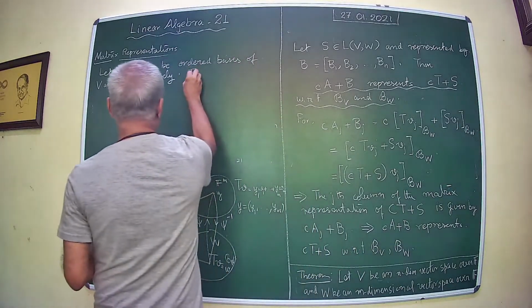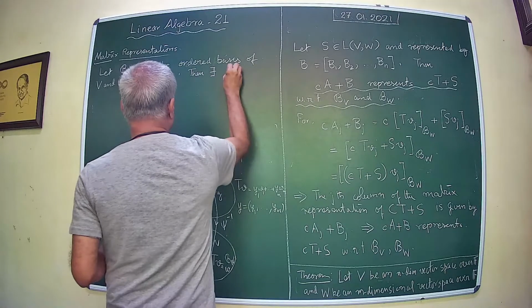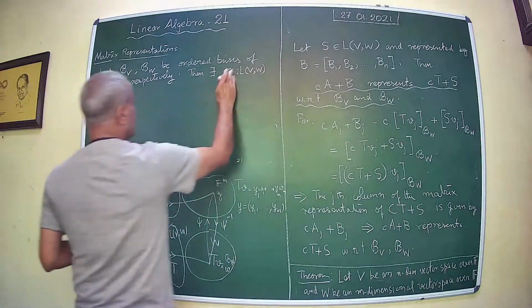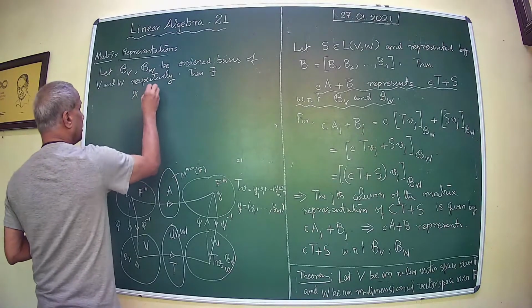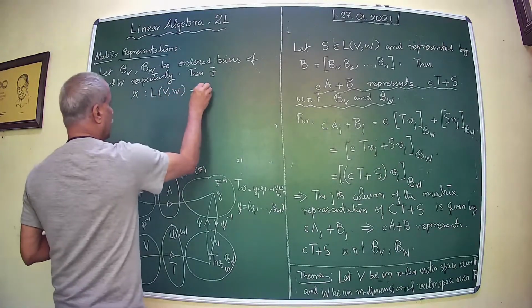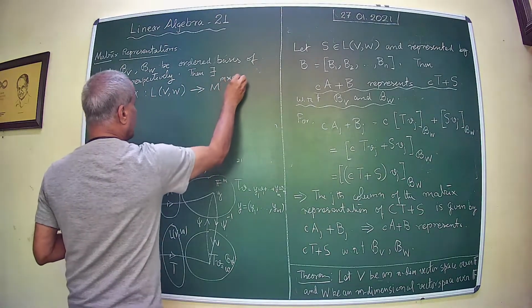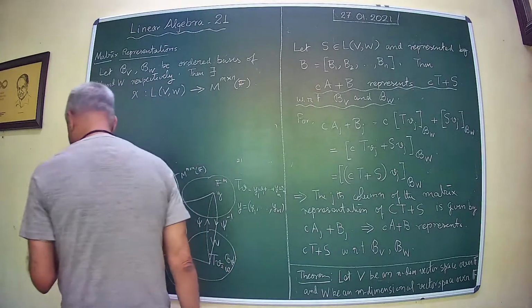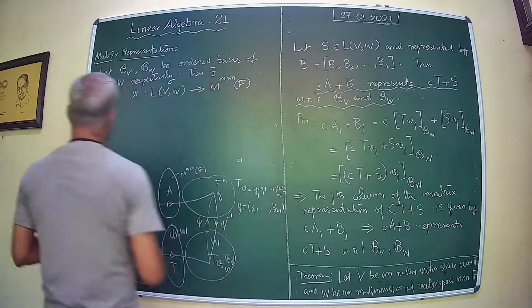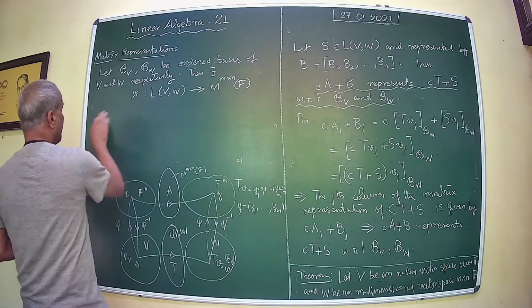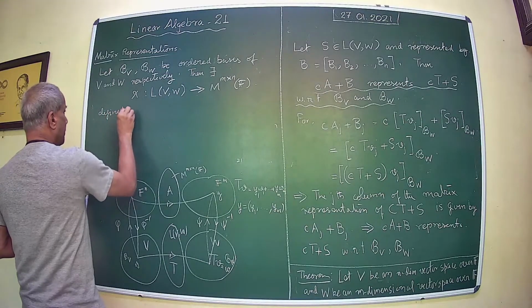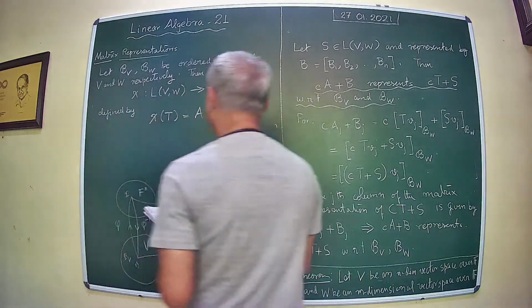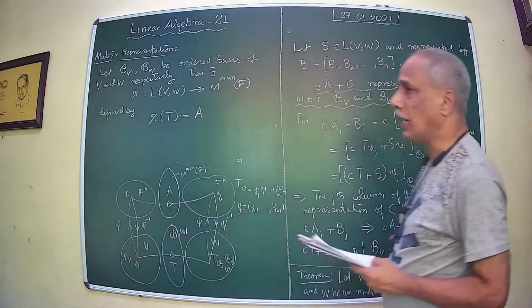Now then there exists chi defined from L(V, W) to M m by n (F), defined by chi of T equal to A, where T and A are as described earlier.